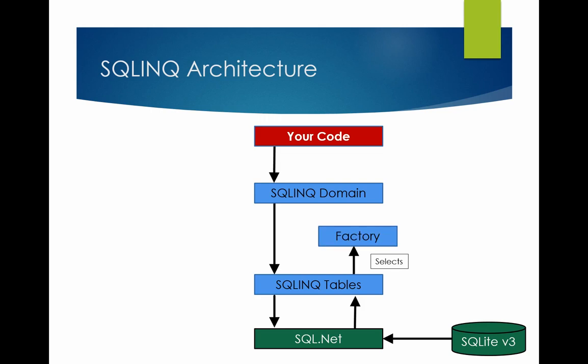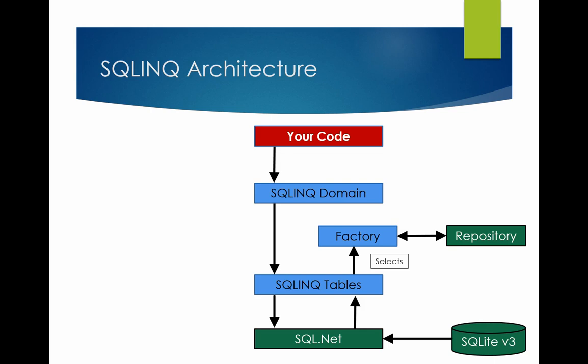The factory is essentially the factory method, and what it's trying to do is decide which constructor it will use in order to create the domain object. But it does one extra step, and that is that it uses a call to the repository to determine whether or not that object that I'm pulling back from the database is actually in memory already.